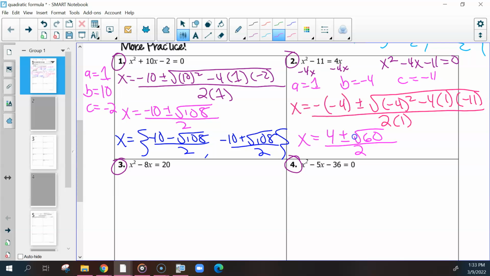Is 60 a perfect square? No. So we're going to leave it as is. Our solution would be x equals 4 minus the square root of 60 and 4 plus the square root of 60.